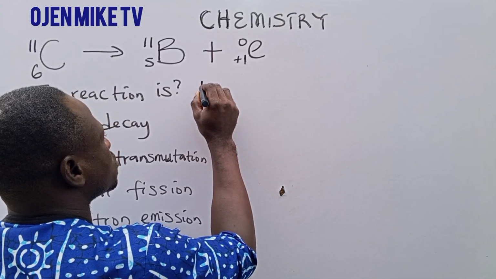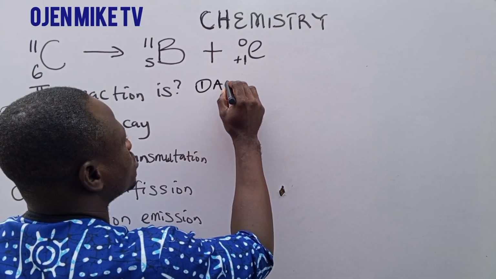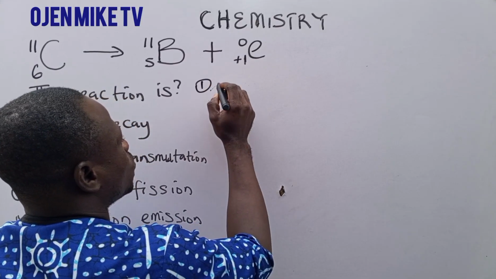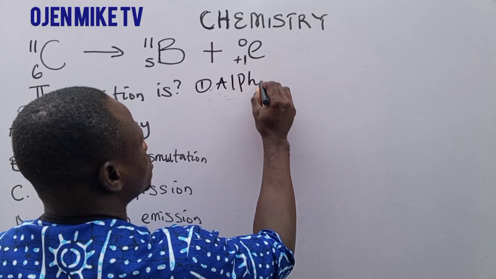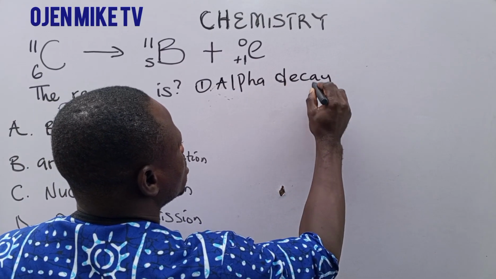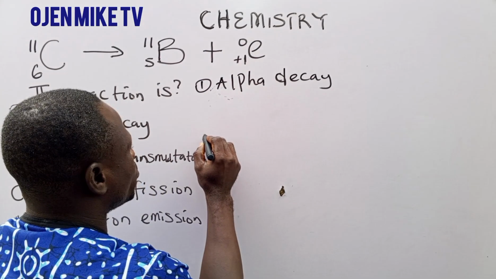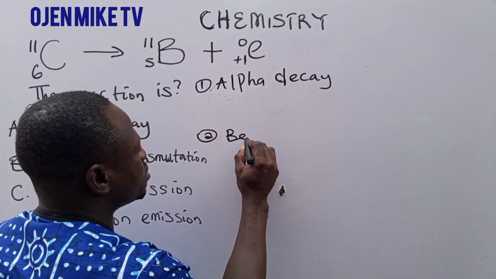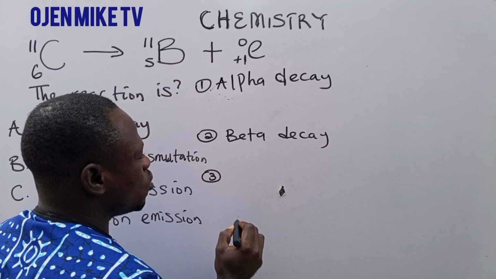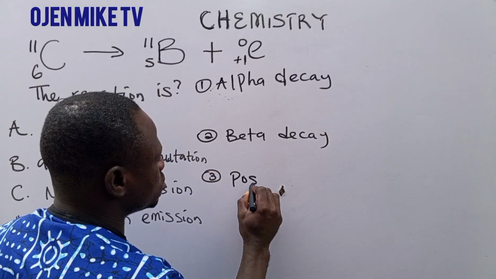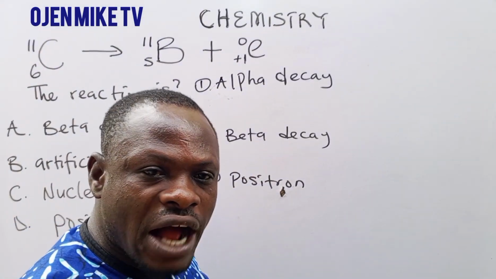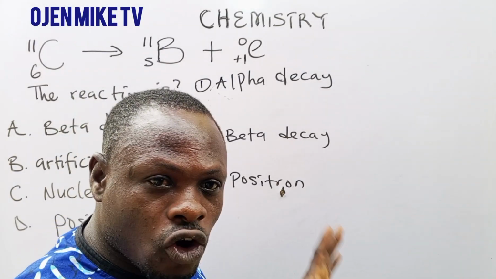These are the 6 major nuclear reactions. Number 1, we have alpha decay. Number 2, we have beta decay. Number 3, we have positron. Now, these 3 are what we call natural nuclear reactions; they occur naturally.